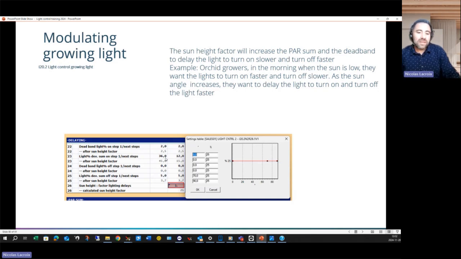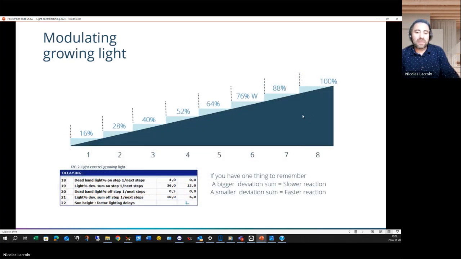So you see here, you have a new line when you fill that table, so that will influence your deadband and your deviation sum with the factor that is set here, depending on the sun angle. So it can take more or less time depending on the sun height. So it's a bit complicated.